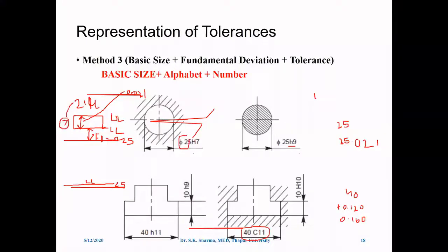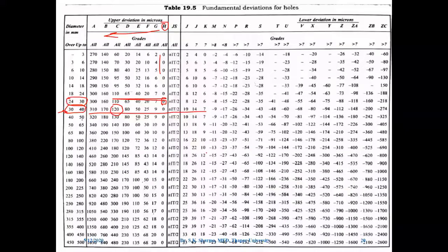The H alphabet represents whether it is an internal feature like a hole or an external feature like a shaft, and it represents the fundamental deviation for the feature. And the last number, 7 here, represents the IT grade, the tolerance band. So using this information and these charts, we can calculate the lower size and the upper size.